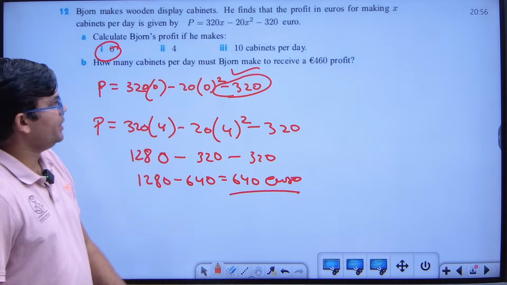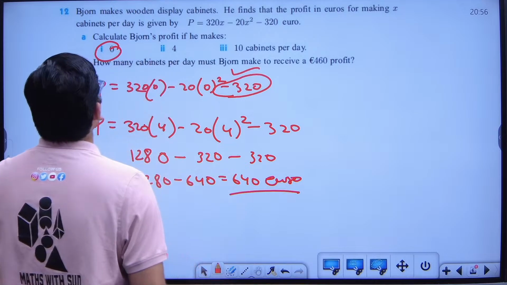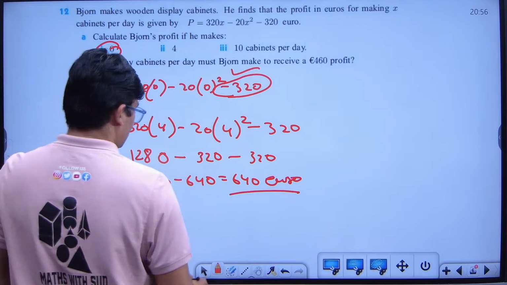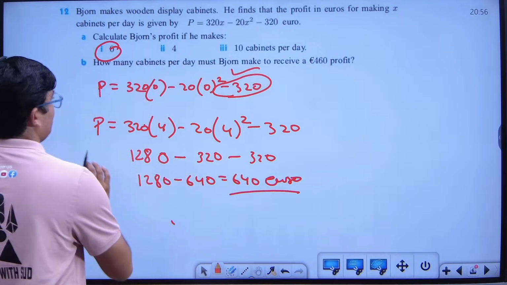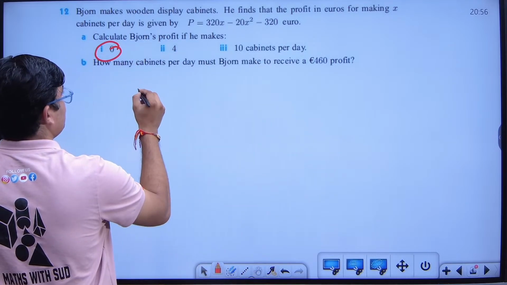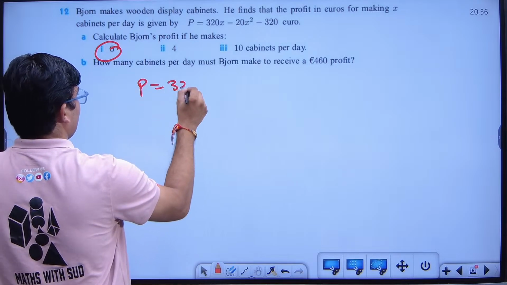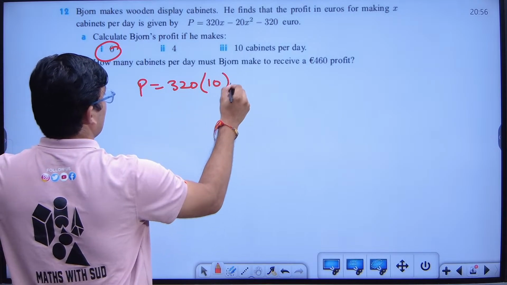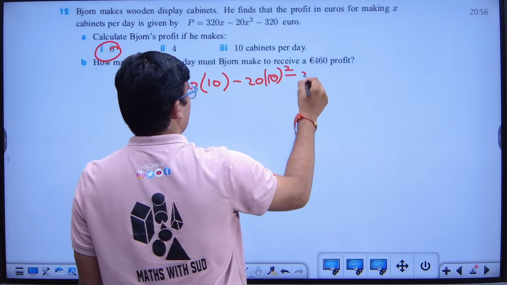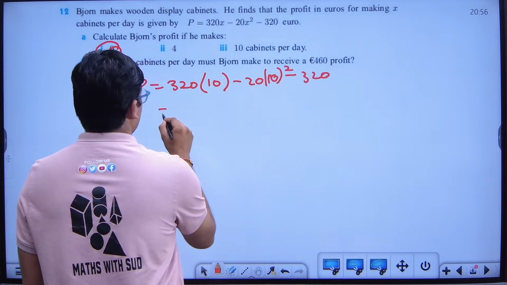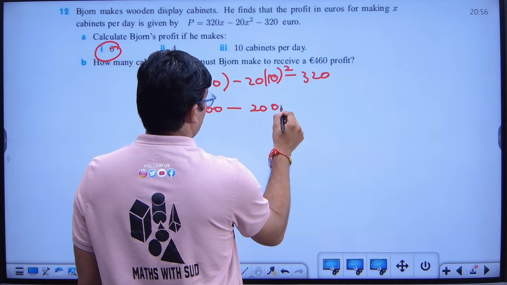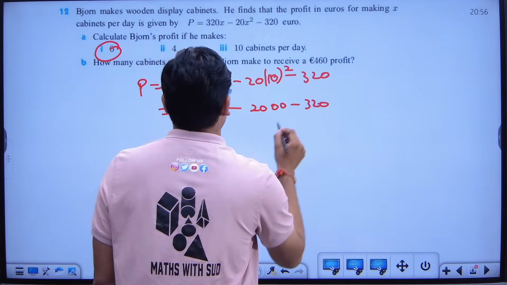10 cabinets per day. So I will put the value of 10 now. So when you put 10, 320 into 10 minus 20 into 10 square minus 320. It is going to be 3200 minus 2000 minus 320.